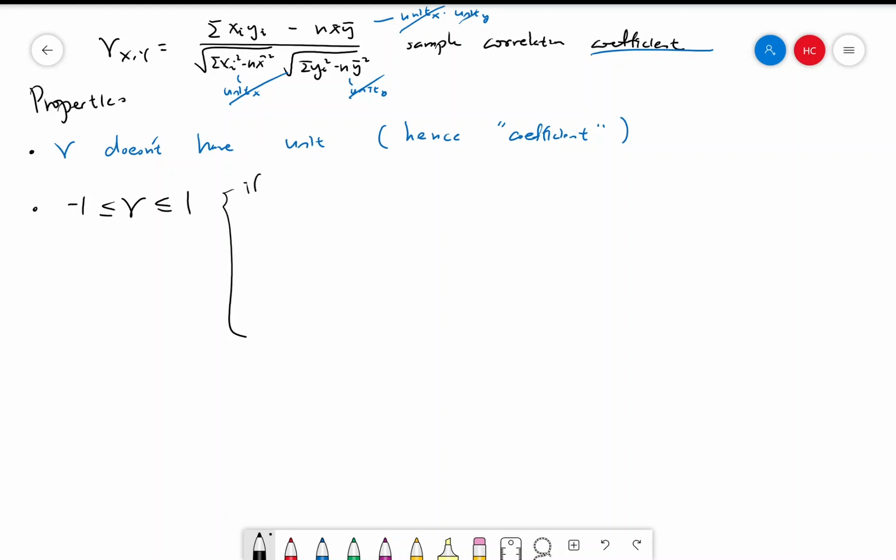So in the extreme cases, if r equals 1, this means x_i and y_i can be perfectly fit onto a straight line with positive slope.